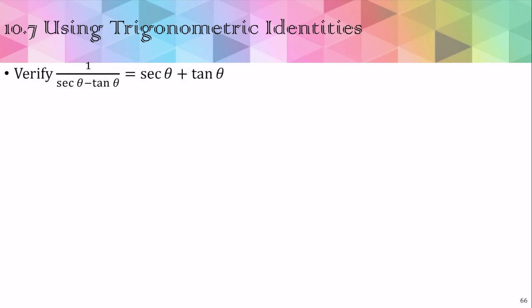Let's try verifying this identity. If I start on the left side, maybe I could rewrite this as sines and cosines. Secant is 1 over cosine. Tangent is sine over cosine. So that gets me 1 over 1 minus sine over cosine.